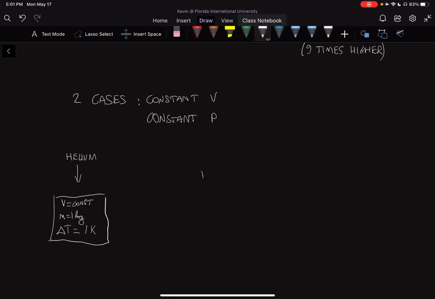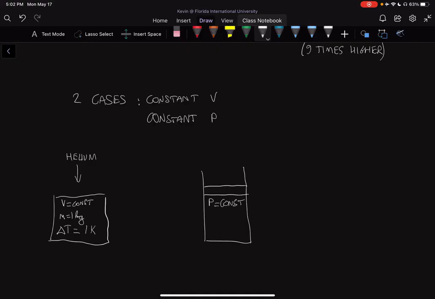And we have the same exact system in a piston cylinder form, with the piston free to move up or down. Now the volume is not constant, but the pressure is constant, right?